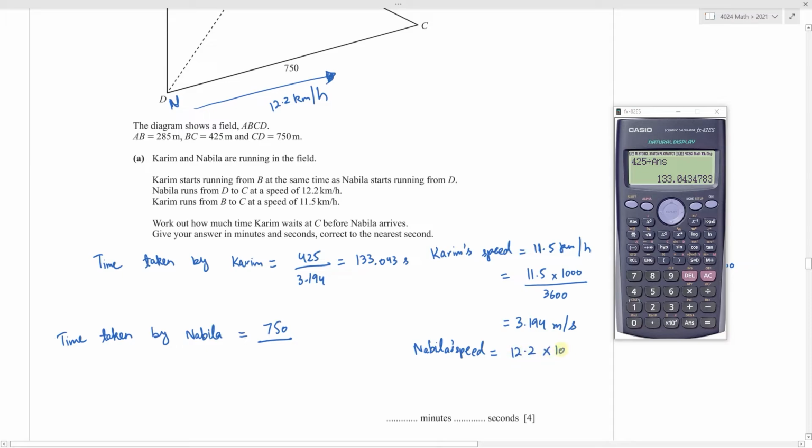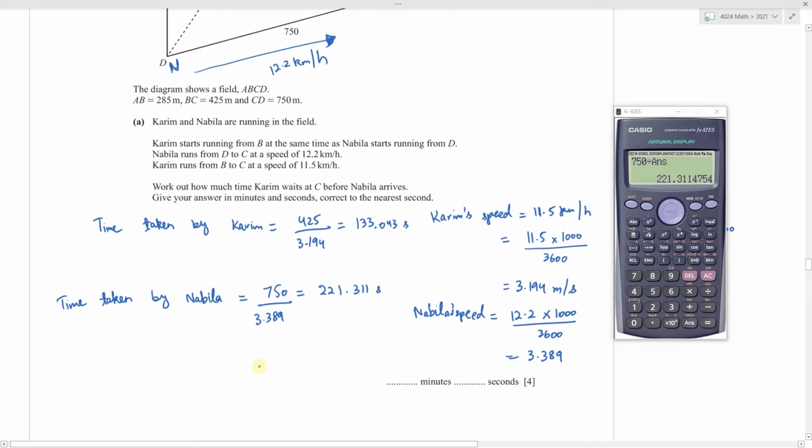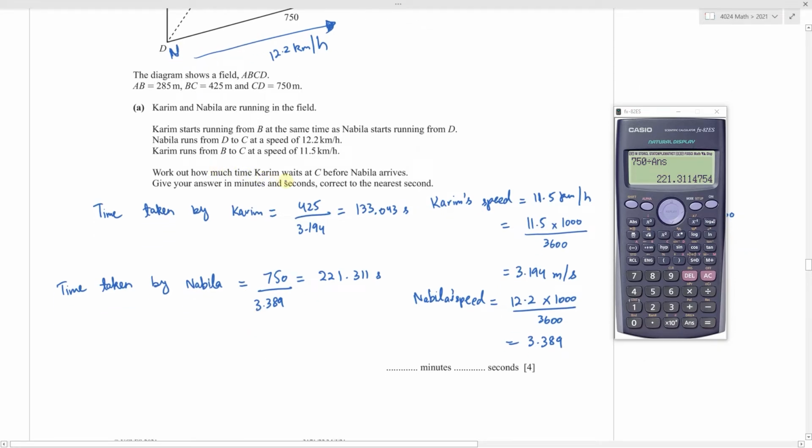So 12.2 multiplied by 1000 divided by 3600 is 3.389. So 750 divided by the answer is 221.311 seconds.